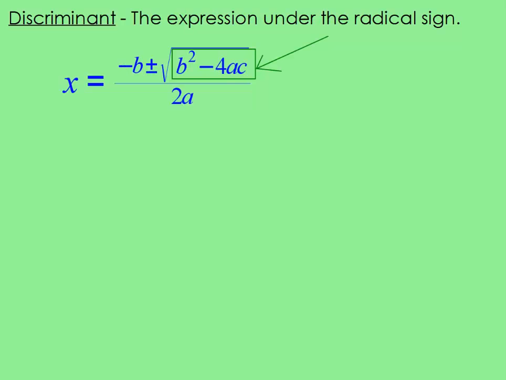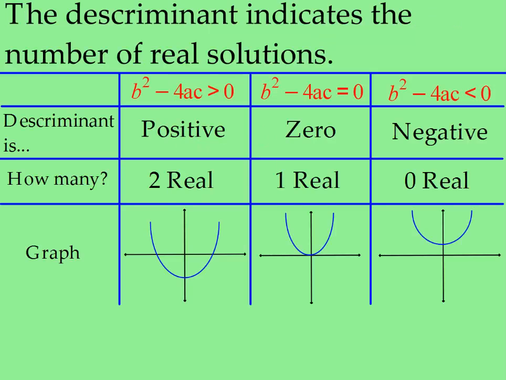Discriminant, another topic for this. The discriminant, remember we did the quadratic formula, negative b plus or minus square root of b squared minus 4ac over 2a. Discriminant is that part that's under the square root sign. So it's the b squared minus 4ac. What's this used for? Well, it's a useful way to figure out how many solutions we have for a quadratic equation. And solutions are where the function crosses the x-axis.